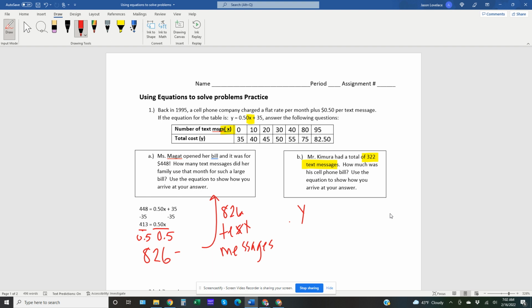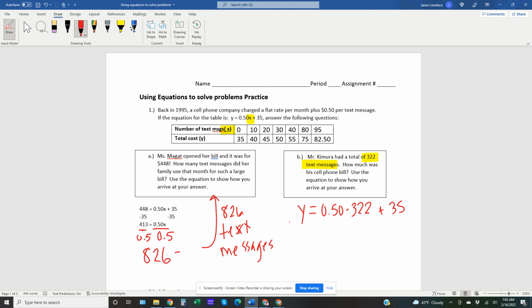So I don't know my total cost, but I know that he sent, so here's 50 cents times 322 text messages. And then I can't forget that plus $35 for that flat monthly fee.